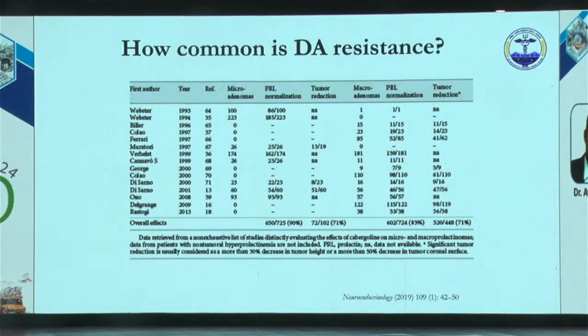So these are summary slides of different studies suggesting how common DA resistance is. One important aspect is that 5% of microprolactinomas can be DA resistant as well. But if you go for macroprolactinoma, it's roughly 15 to 20%. But is this 15 to 20% true resistance?